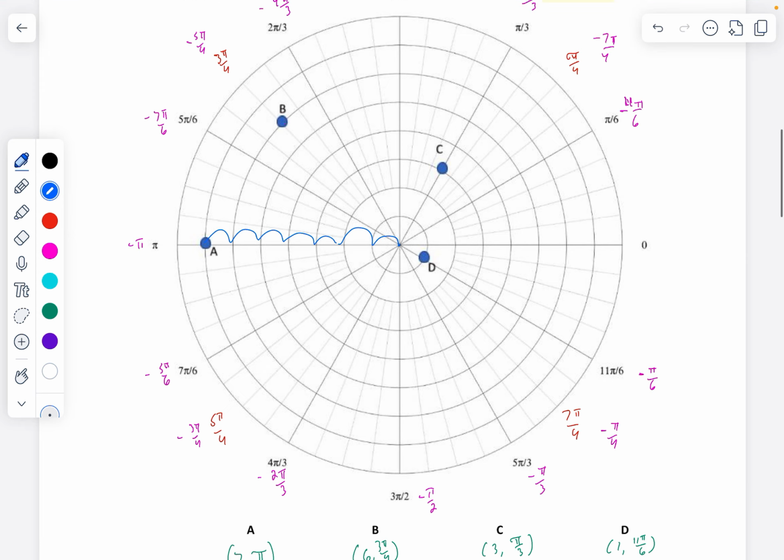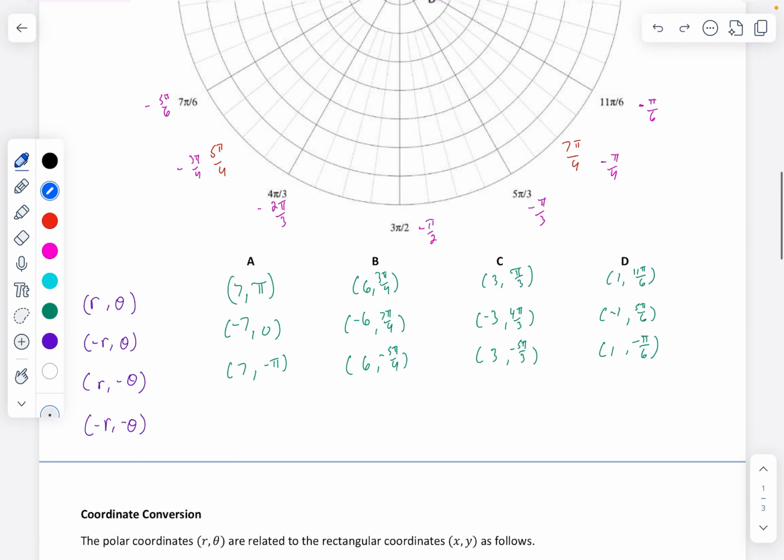And we're moving away from 0. So this one's going to be negative 7, 0. You're not going to say negative 0, you just say 0. You can also say negative 7, negative 2 pi.